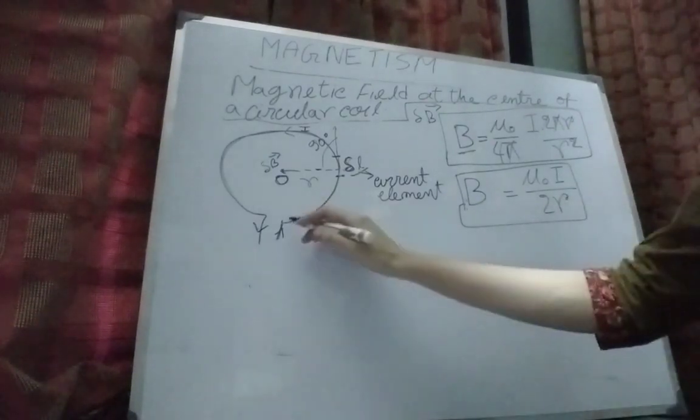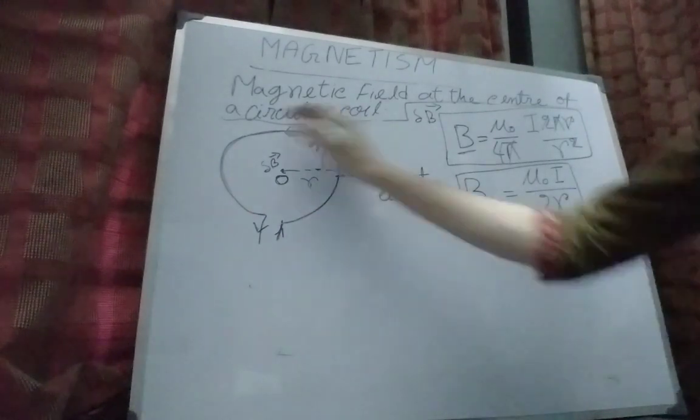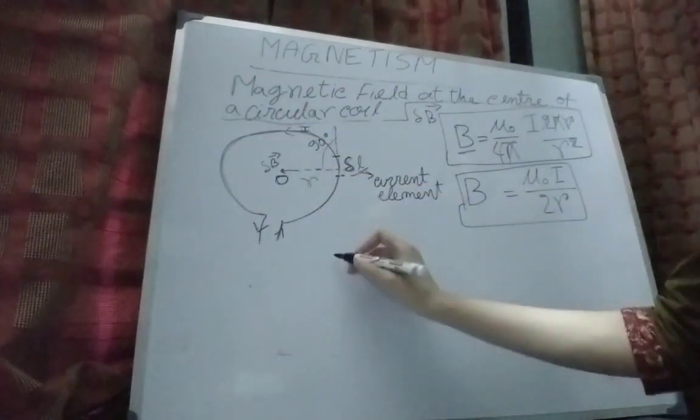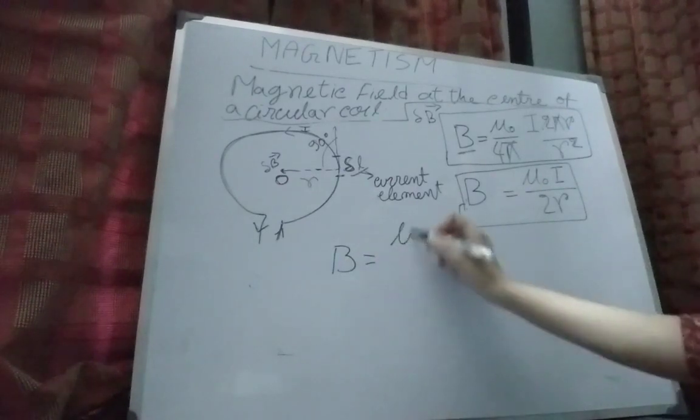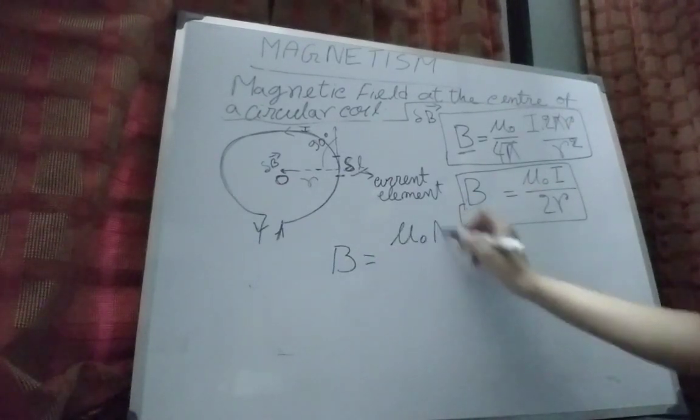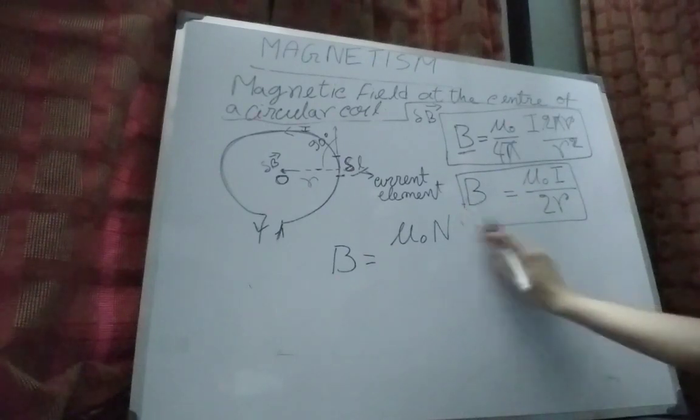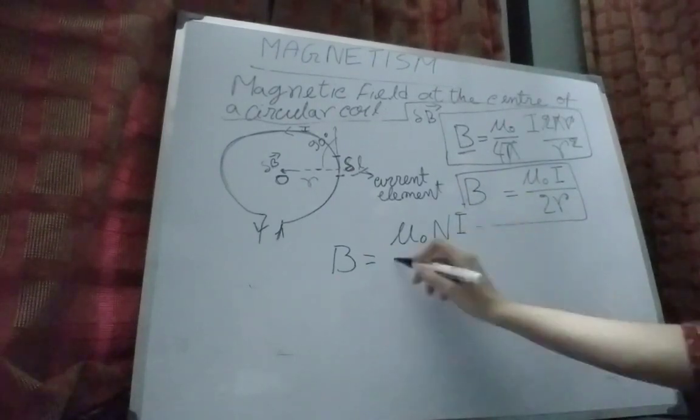Now if there are n turns, n number of turns of this coil, then it will be B equals mu 0 n I by 2 r.